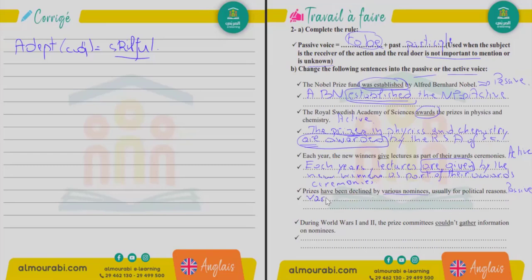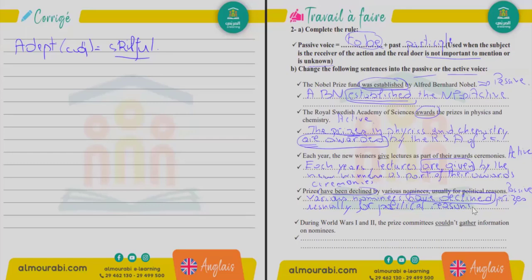Very good. What did they do? They have declined. This is present perfect active form. Have been declined is present perfect passive form. So: various nominees have declined prizes, usually for political reasons.